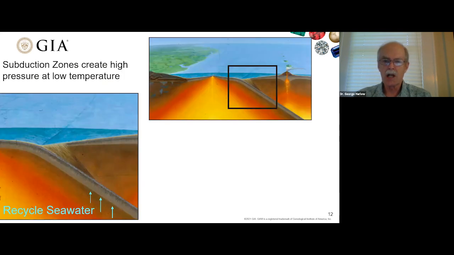So on to the geology. I mentioned that jade is produced at convergence areas, and convergence is where the oceanic seafloor dives beneath another plate, and in that process, the seafloor is hydrated or has been altered by water, and when that dives down, that water gets released.